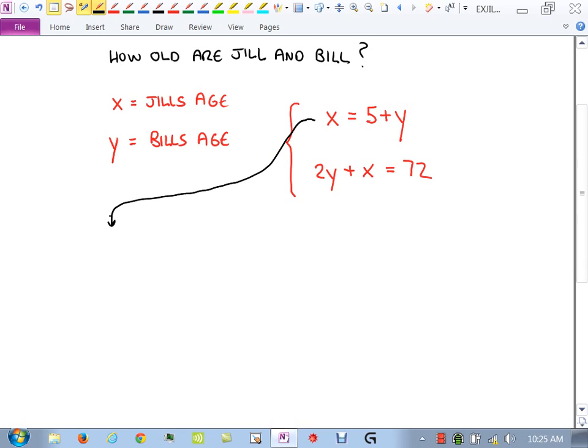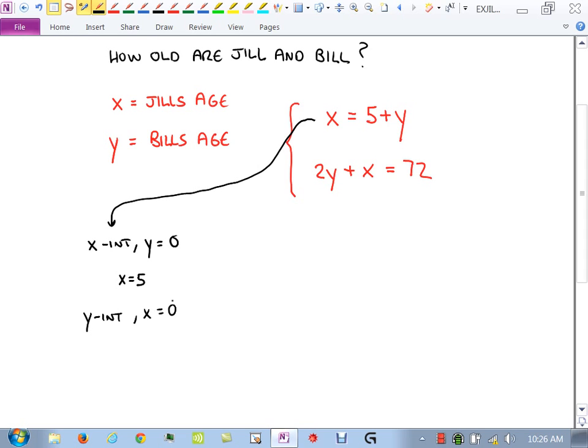Let me do it with the intercept method. What's the x-intercept? How do you find the x-intercept? You set y to 0, don't you? What do you get when y is 0 in that equation? X is 5. Okay, find the y-intercept. You set x to 0.